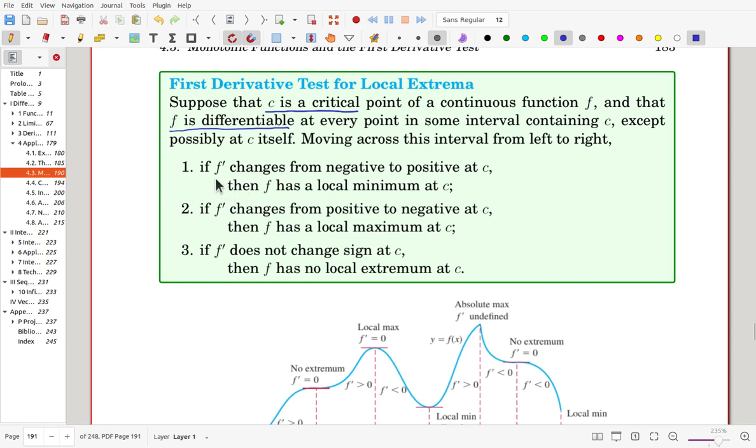Then, moving across the interval from left to right, once f prime changes from negative to positive, which means f goes down and then comes up, at the critical point f has a local minimum. Quite clear to see that, right?